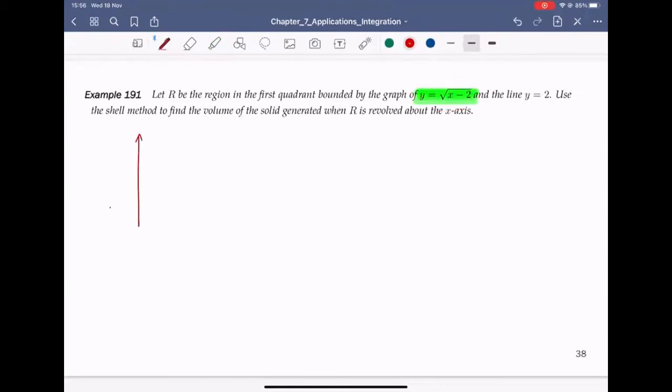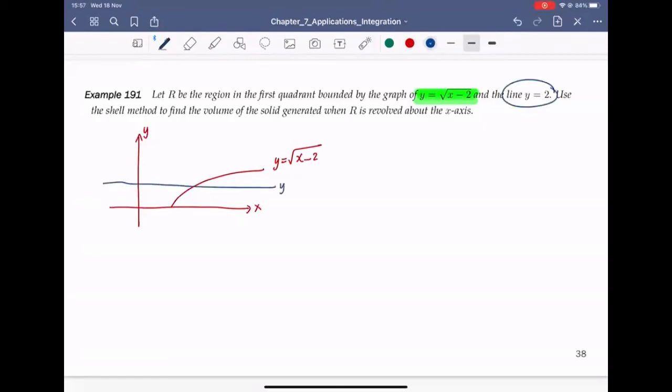I told you, practice that one. So y equals square root of x looks like that, right? But this time you shift it to the right by 2 units, so you get y equals square root of x minus 2. And then after that, y equals 2, simple.